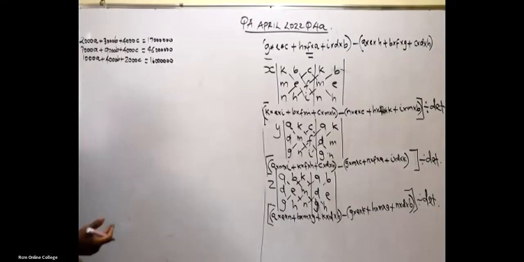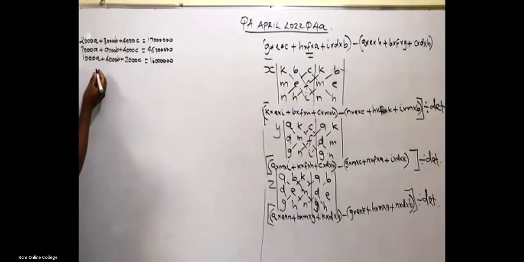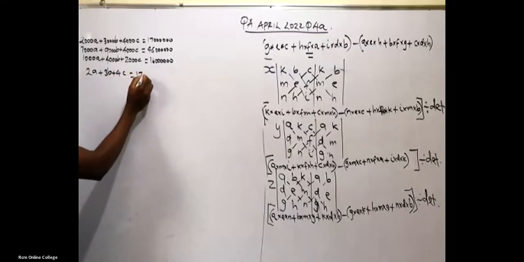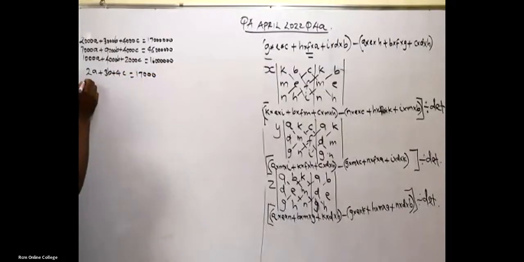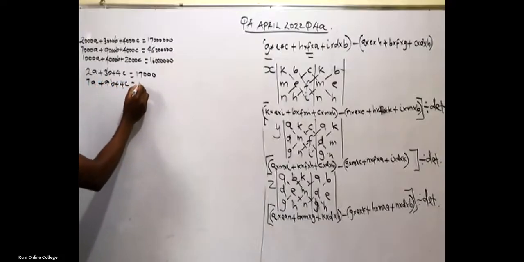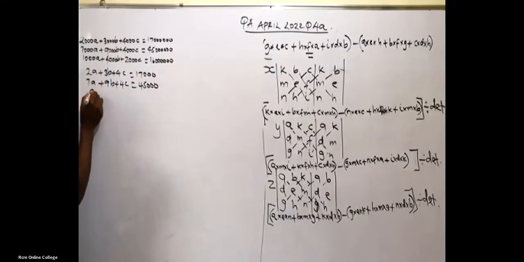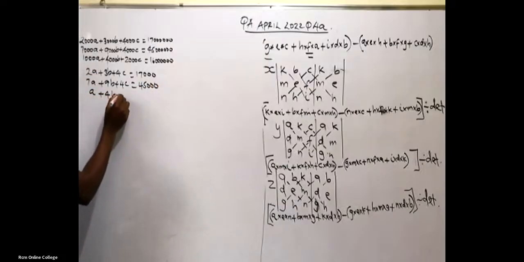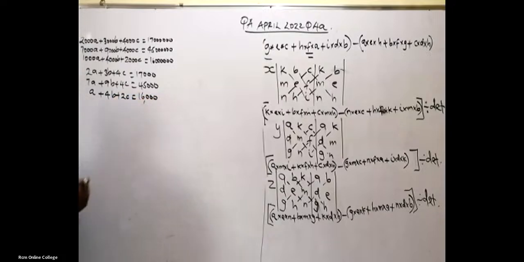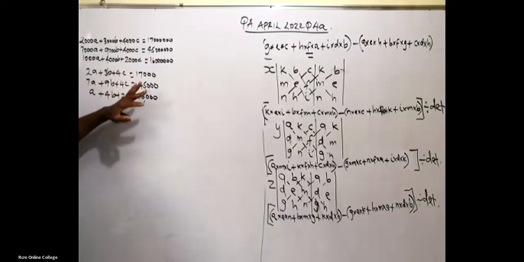Then I come up with the equations: 2a plus 3b plus 4c is equal to 17,000. Then 7a plus 9b plus 4c is equal to 45,000. Then a plus 4b plus 2c is equal to 16,000. That is step number one. So these are the three equations.